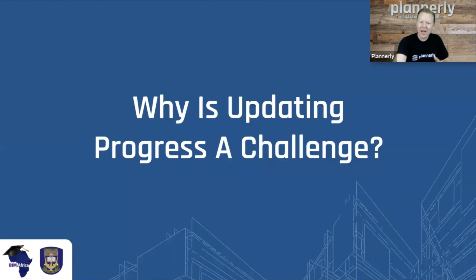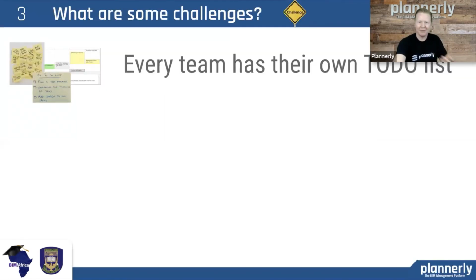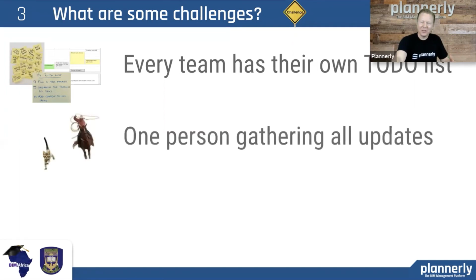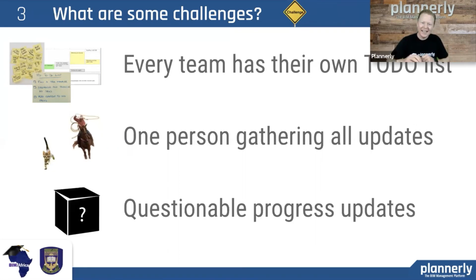So this challenge comes about because everyone has their own list of things that they need to do. They also usually have one person that's responsible for gathering up all of the status updates from everyone. It's like herding cats. And then it's always difficult to know whether the actual progress is linked to the original scope in the right way and whether it's actually accurate or not.